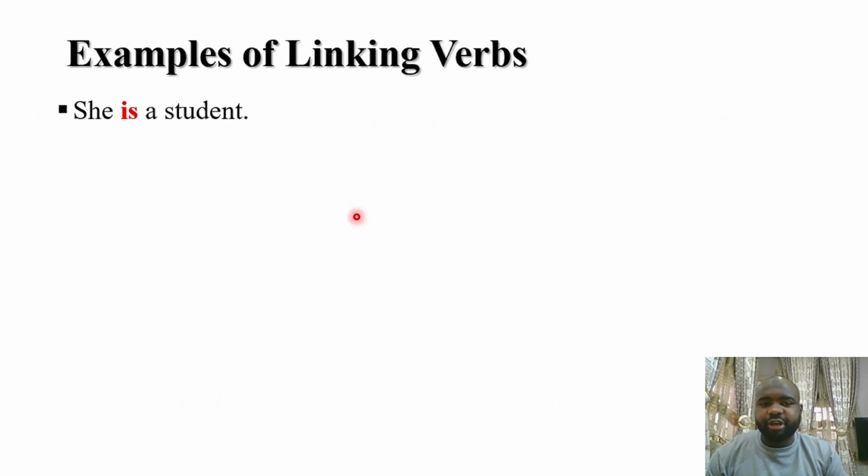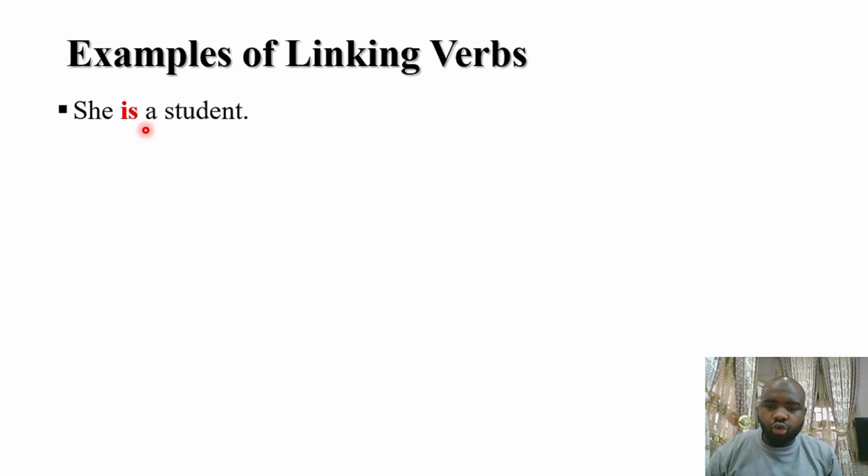Examples of linking verbs. Now, she is a student. Here, is is a linking verb. It doesn't state any form of action.